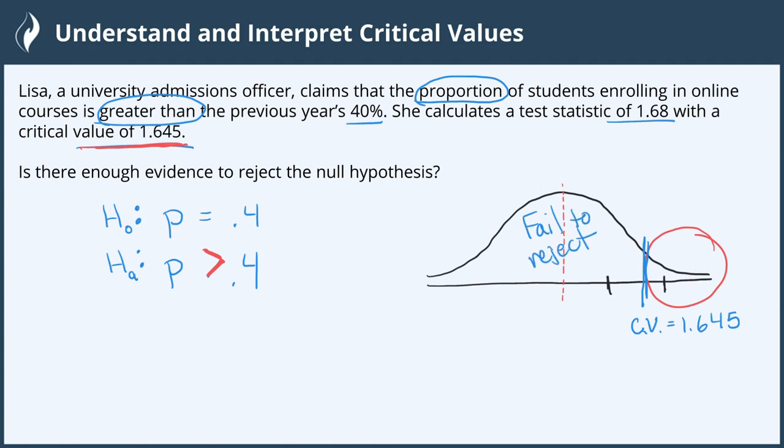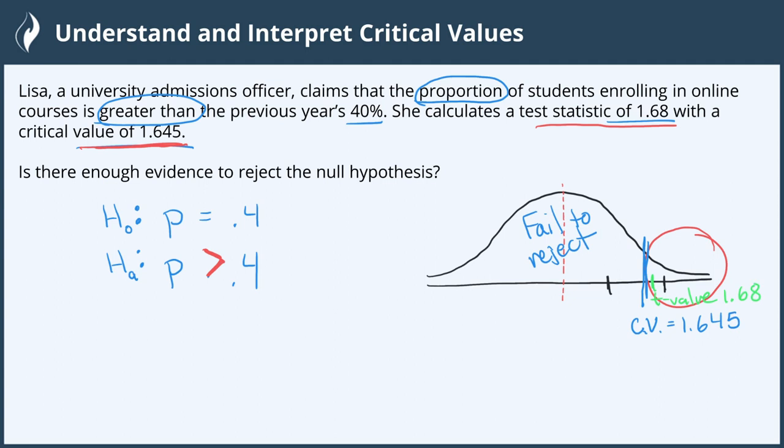The admissions officer calculated a test statistic of 1.68. 1.68 is further than 1.64 because we're getting closer to the 1.7, which puts our test statistic about right here. So this is our test statistic of 1.68.